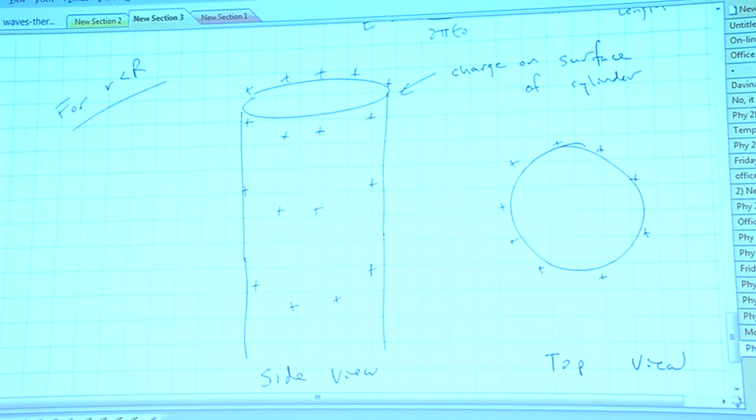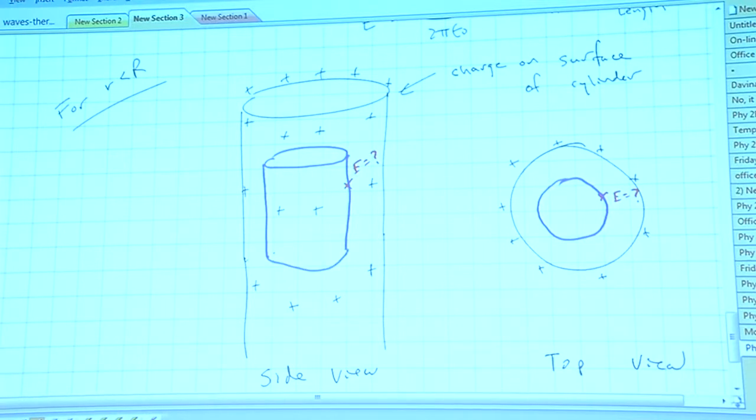Now we want to know what's the electric field at this location here, in here somewhere. So we draw our Gaussian surface there, inside the cylinder, right? Where we're interested, the point of interest.